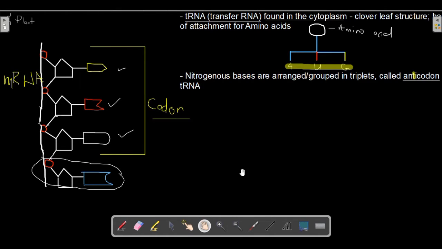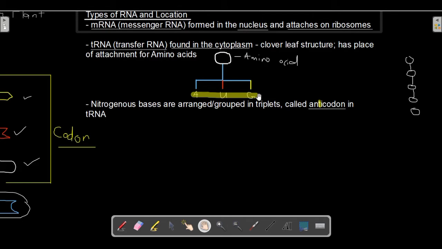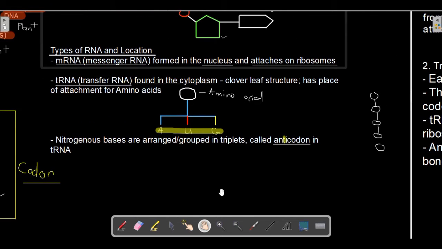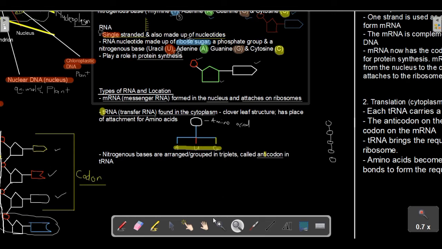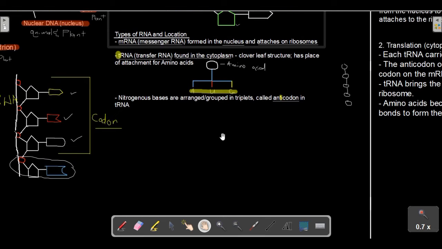But for the tRNA, these triplets or this group of three nitrogenous bases, we call them an anticodon. Okay, so if you happen to confuse the two, just look at the T's. Okay, tRNA, anticodon.